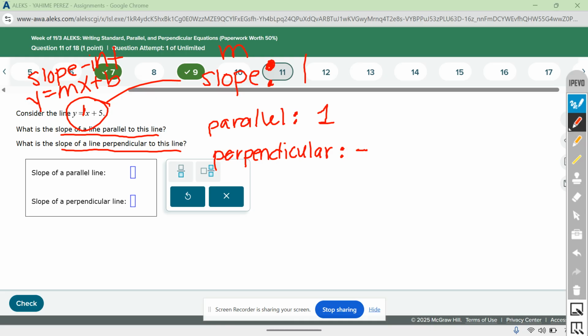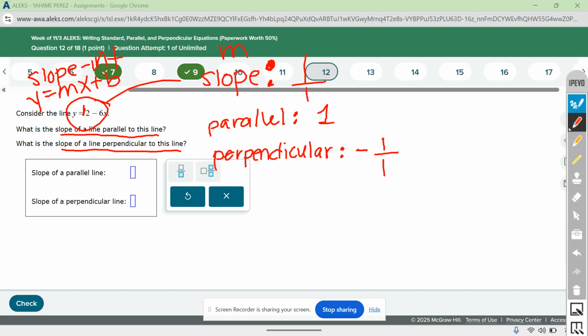And I know that 1 as a fraction would be 1 over 1. So if I flip 1 over 1, I would still get 1 over 1. So the slope of the parallel is 1. And the perpendicular would be negative 1 over 1.